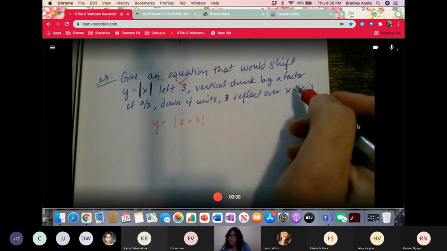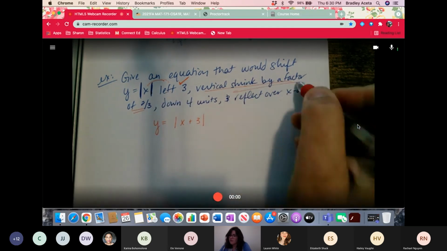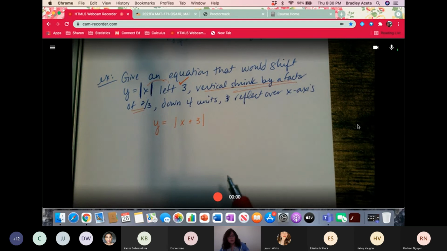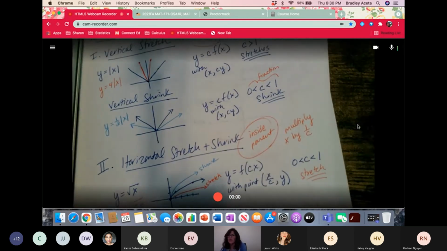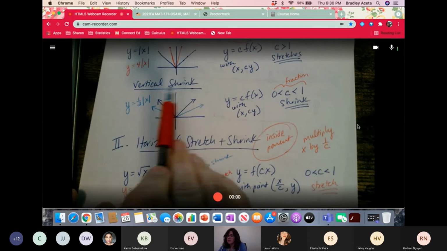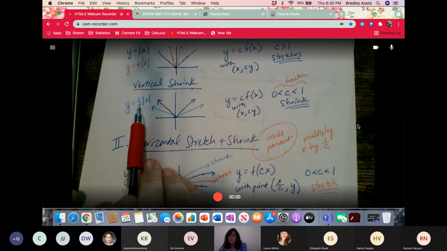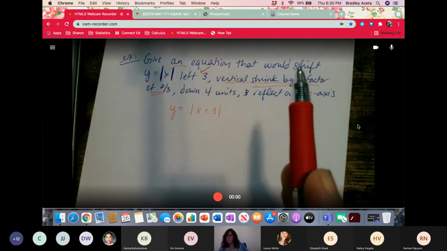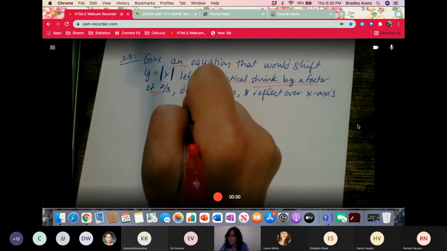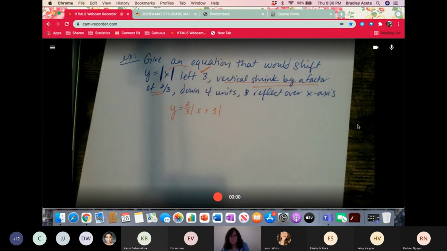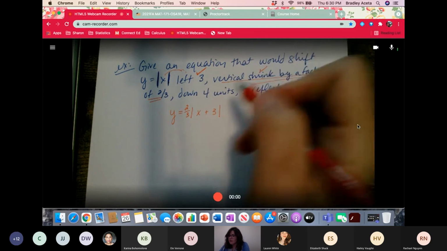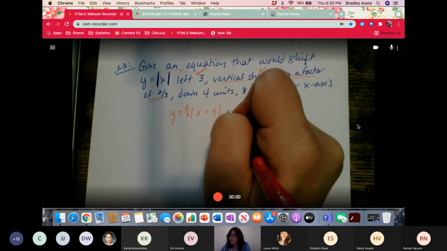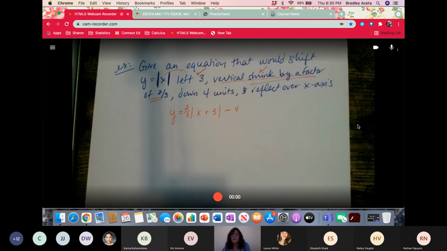Vertical shrink by a factor of 2/3. Again, looking at my notes, I'm really trying to make a point here. This is why we take notes. Vertical shrink, put that number on the outside, 2/3. Down 4 units. That goes outside the parent also, but you'd write -4.